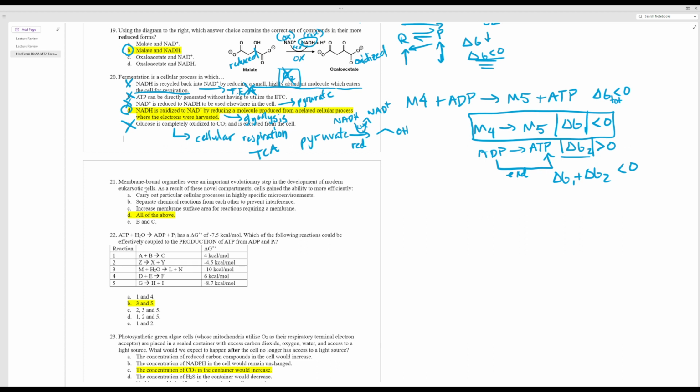Okay, 21. Membrane-bound organelles were an important evolutionary step in the development of modern eukaryotic cells. As a result of these novel compartments, cells gained the ability to more efficiently A, carry out particular cellular processes in highly specific microenvironments. So if you have an organelle, you can regulate the environment inside it. So maybe you have a very, very low pH.